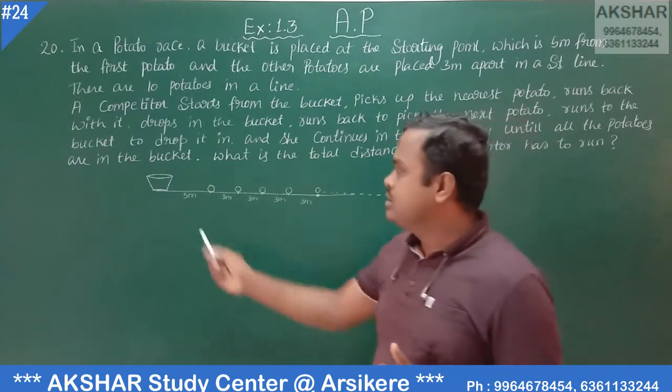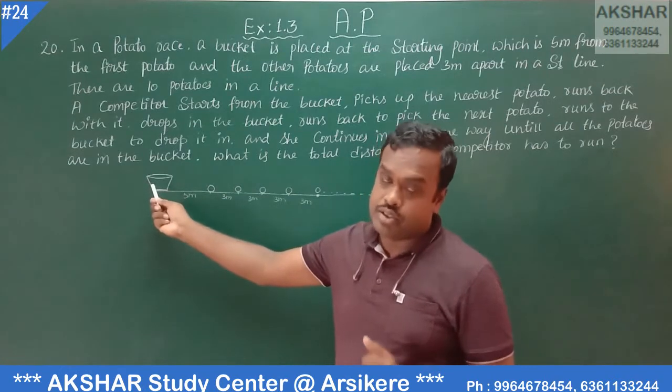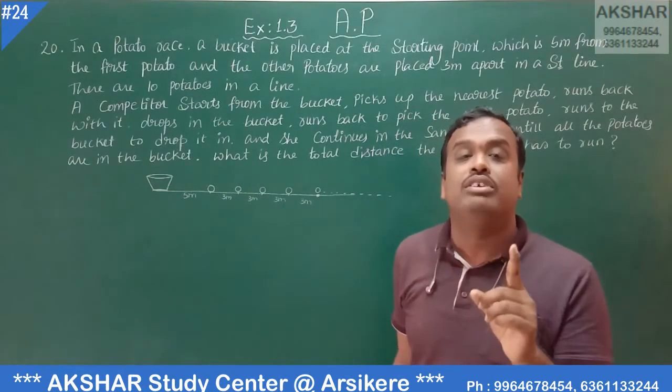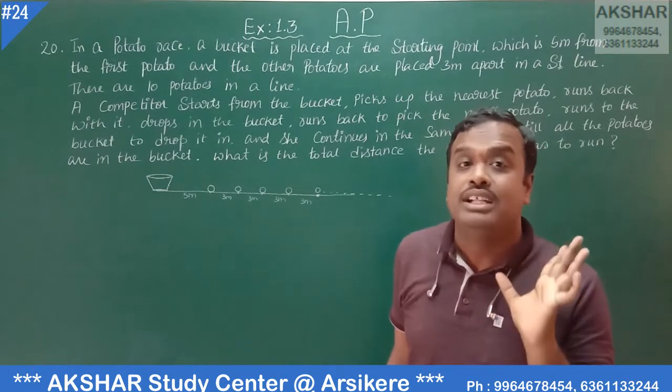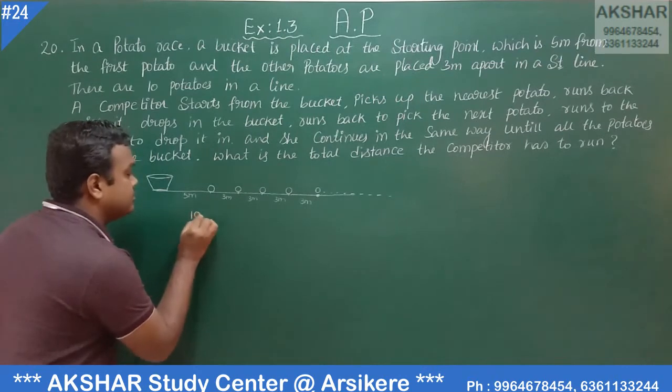Do you understand this, children? Why 10 meters? Forward 5 meters and backward 5 meters, totally 10 meters. For the first potato, the distance traveled by the competitor is 10 meters.